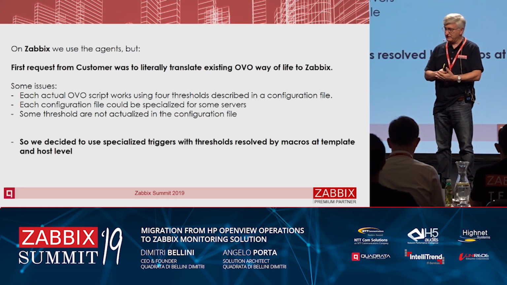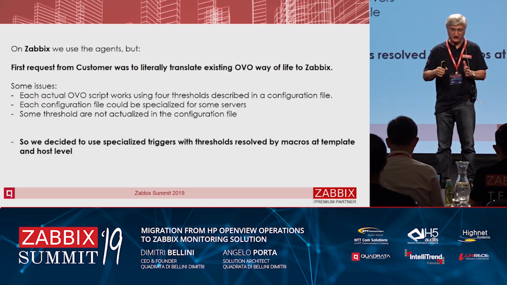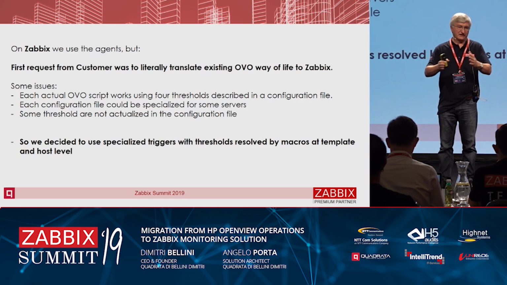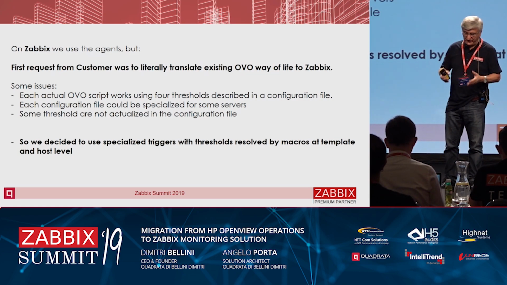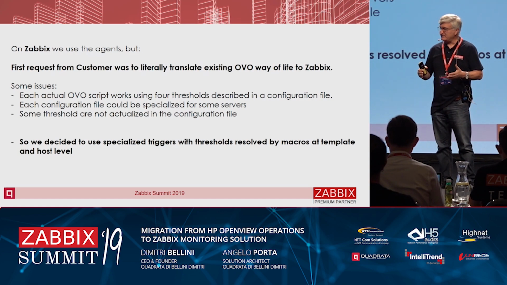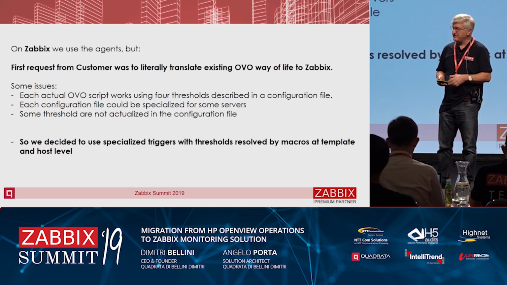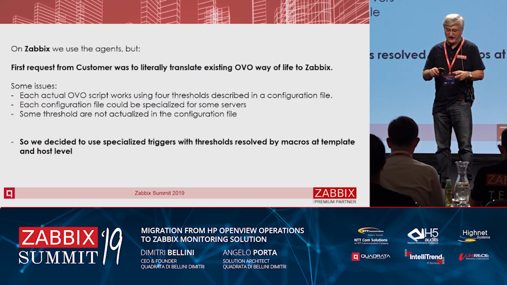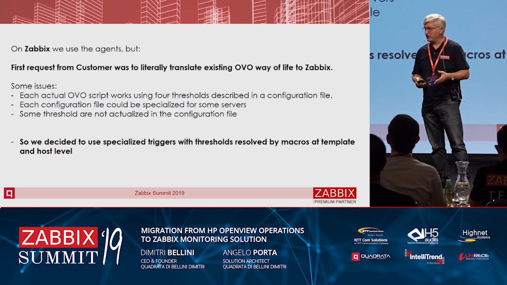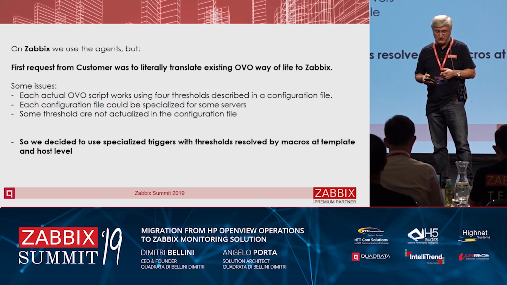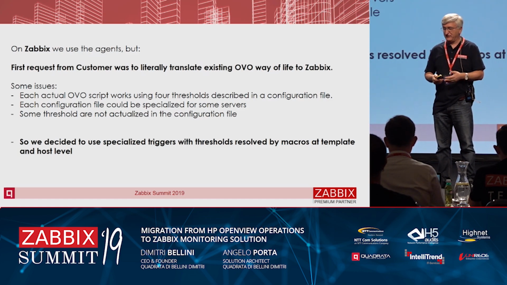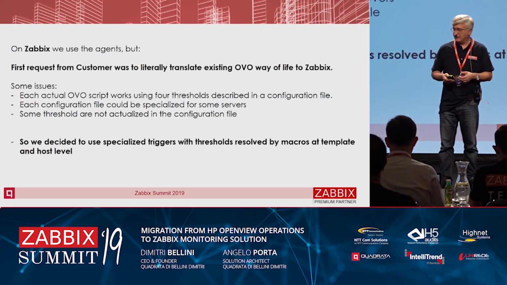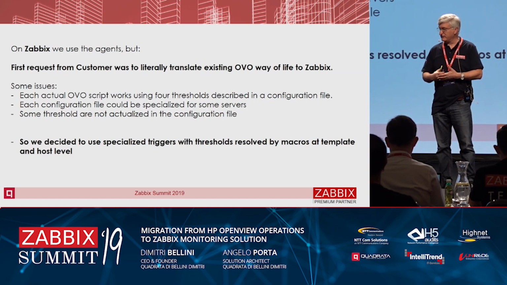We can use the agent to take data. Of course, we translated this alerting system into a real monitoring system, and so we collect data and compare the threshold directly on the engine. But in this implementation, there were 4 different thresholds. Each configuration file could be tailored for each server, so it was a problem. And some of the thresholds were not updated, were left in some unknown state in the configuration file.